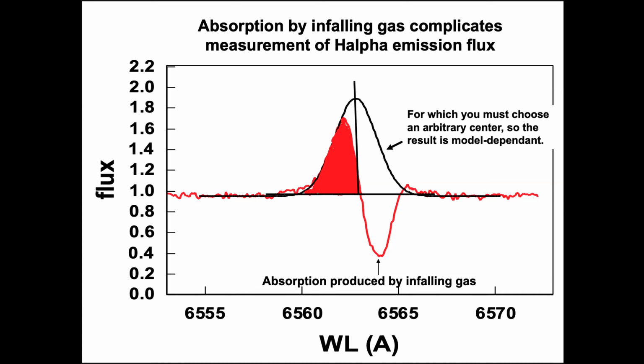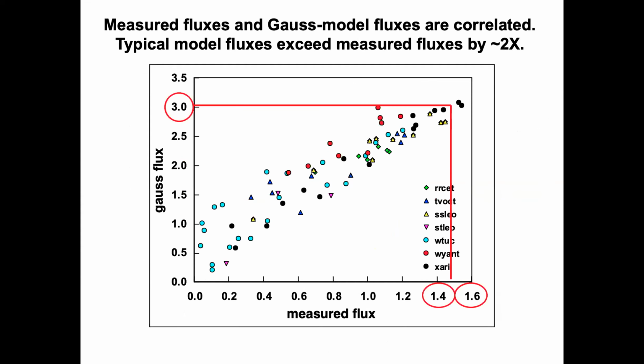Ooh, that's a mouthful. So that's the result you get when you make a model. You can plot the model fluxes against the measured fluxes in a diagram, and you see that when the lines are strong, there's a ratio of about 2 to 1. The model fluxes in my model exceed the measured fluxes by about a factor of 2.